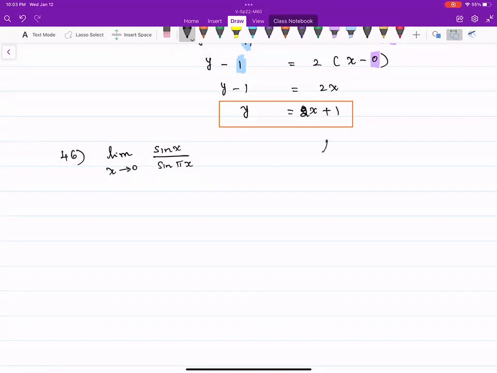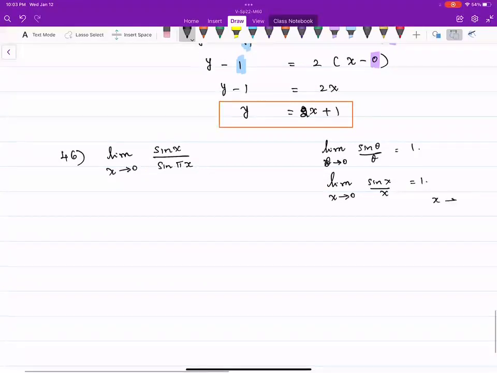So earlier we said that as theta approaches 0, sine theta over theta equals 1. We have been using that in many problems now. So obviously, the limit as x approaches 0 of sine x over x will be equal to 1. When x approaches 0, any constant multiple of x will also approach 0.